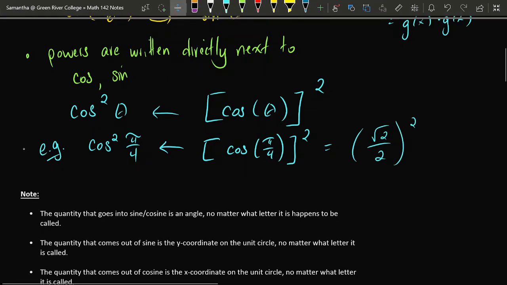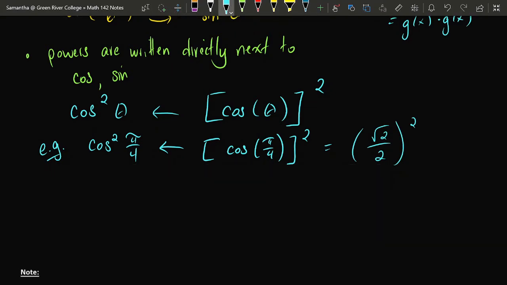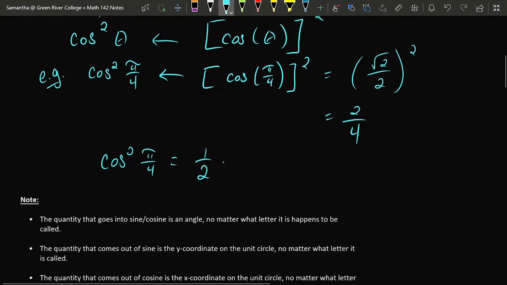So if I square that, then square root 2 squared is just 2. 2 squared is just 4. So cos squared pi over 4 would be the same thing as 1/2 in this notation.